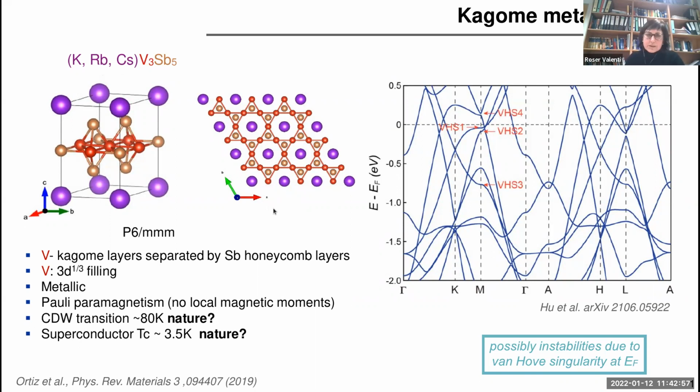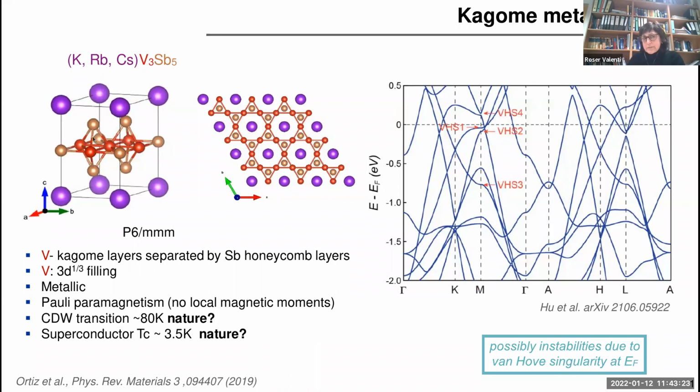So what do we know about these materials? The first report that I know of is from Santa Barbara, where they were able to synthesize Kagome lattices of vanadium, which are separated by layers of antimony, which form honeycomb lattices.